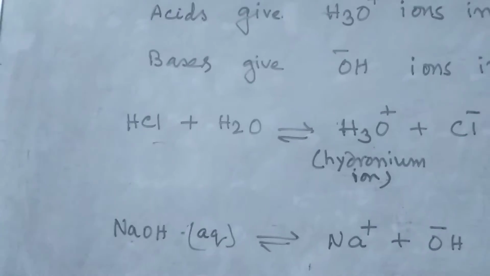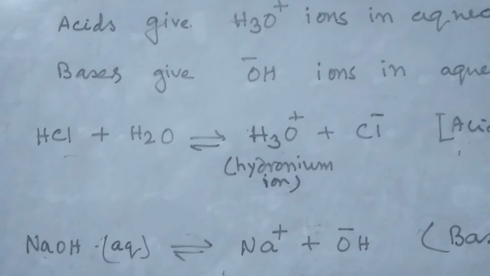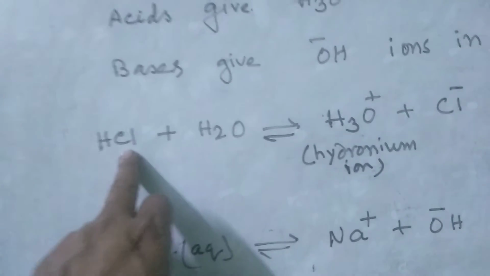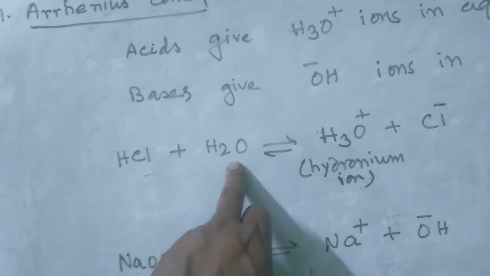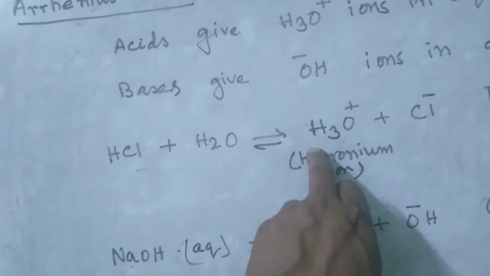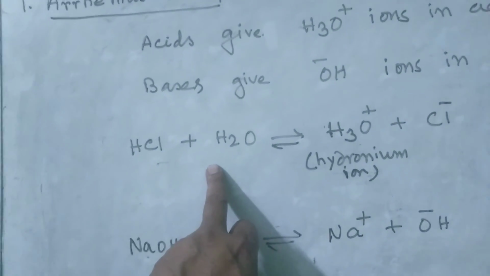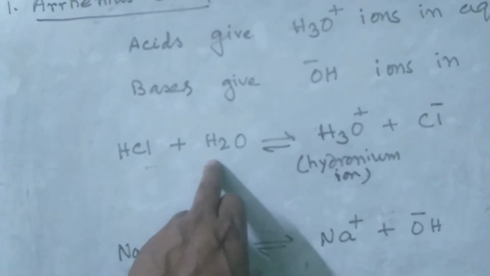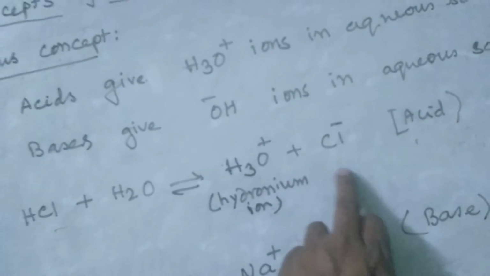In the example I gave, HCl with water produces H3O plus ion and Cl minus ion. Actually HCl gives H plus ion, and that H plus ion is surrounded by H2O to form H3O plus ion. H plus is very small with a high electric field, so it readily associates with the water molecule to form the hydronium ion, and gives Cl minus.